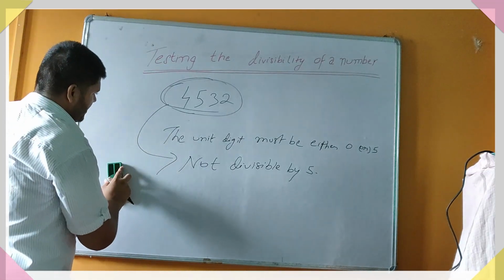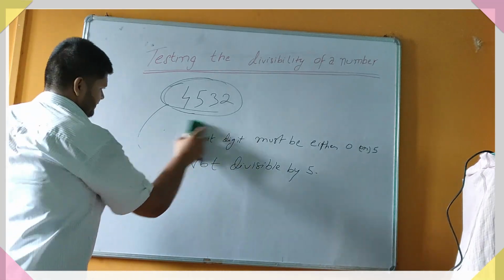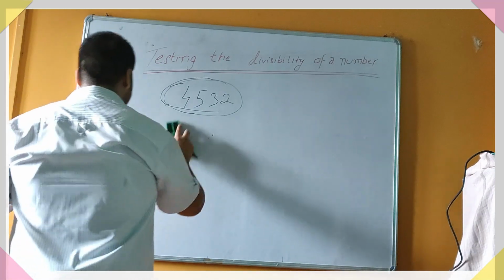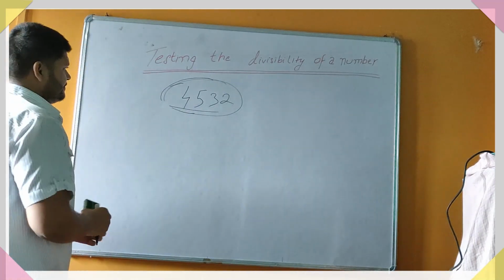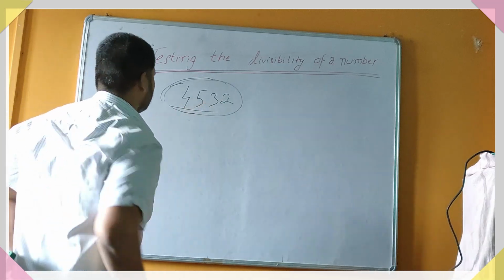I am moving to the next one, that is checking the divisibility by 6. This number is 4532.